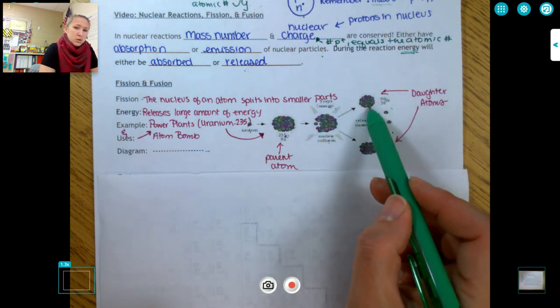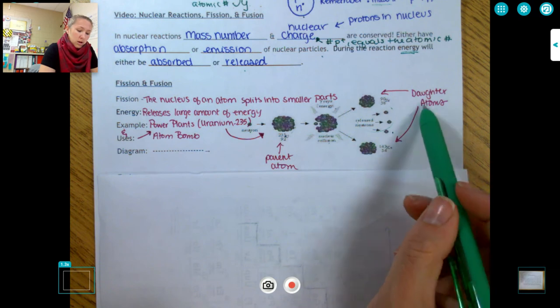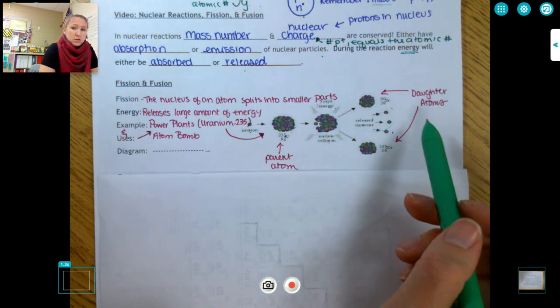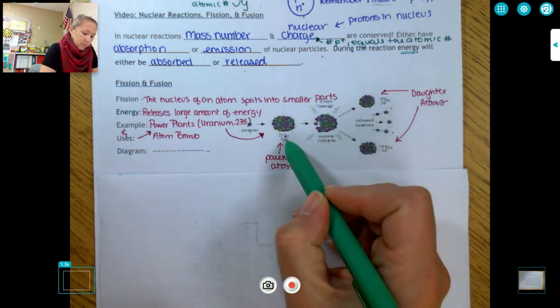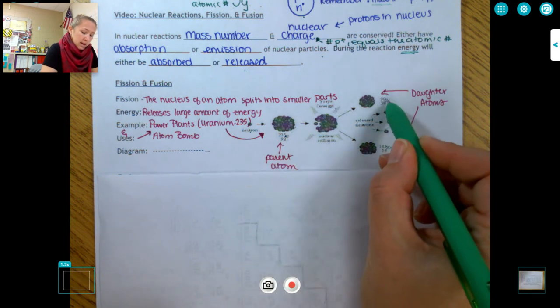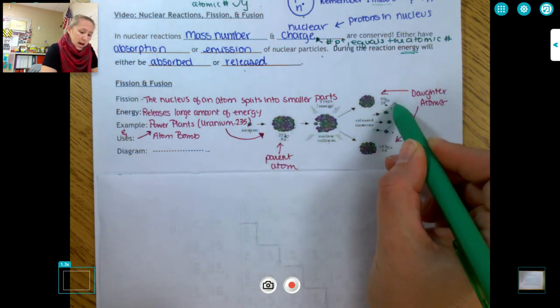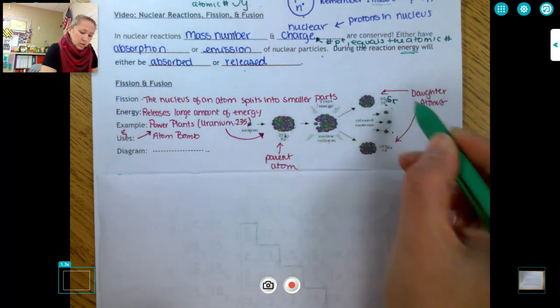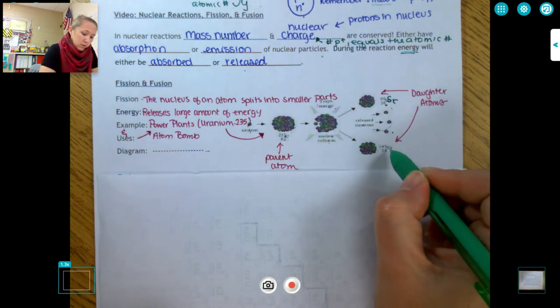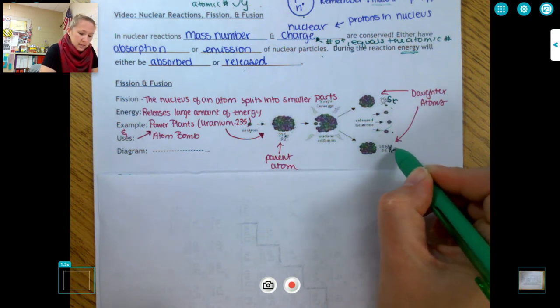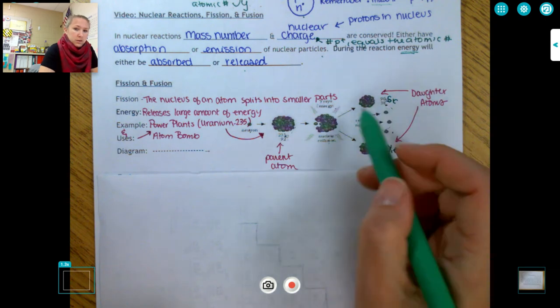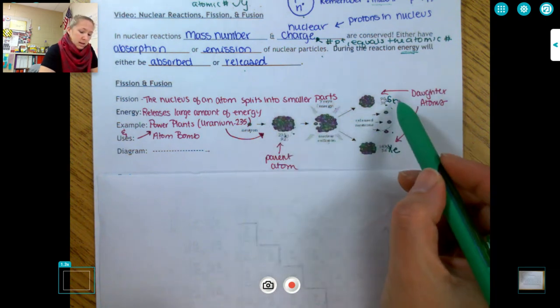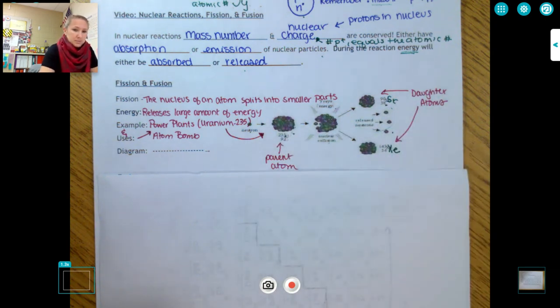And then the new nuclei that we make, we call them daughter atoms or daughter nuclei. And we can see that from this uranium, we have made a 90/38 Sr, which is strontium, and a 143/54 Xe, which is xenon. So for my uranium, I have now made strontium and xenon.